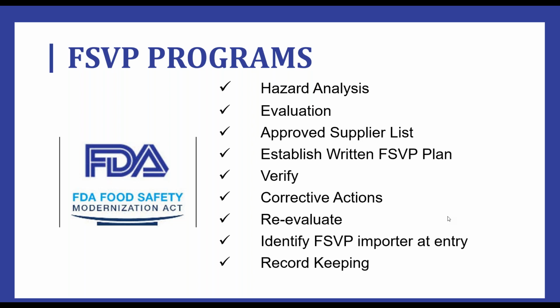For U.S. Customs, the importer can live anywhere in the world, as long as they're allowed to import into the United States. Some countries aren't allowed to have that trade agreement with us, but anyone that is allowed to import food from different areas of the world can be on the customs records as the importer. And they may or may not own the product when it enters the United States.